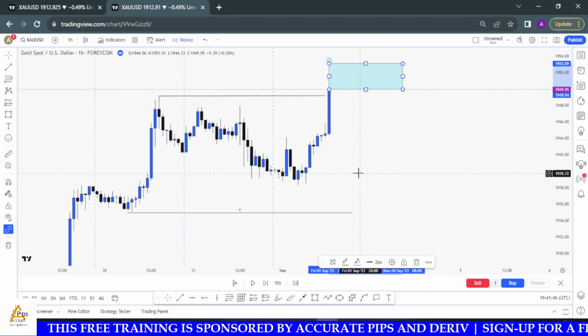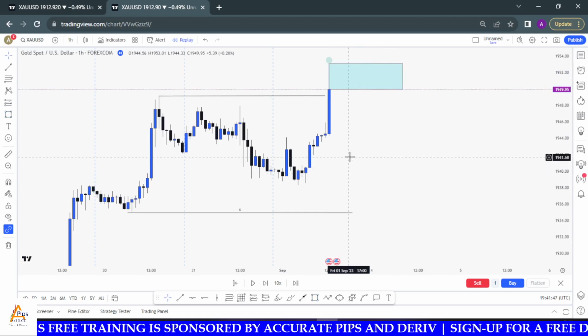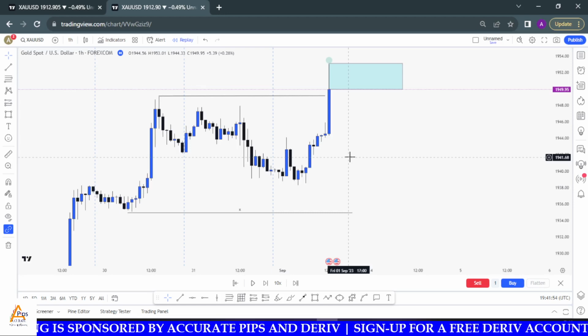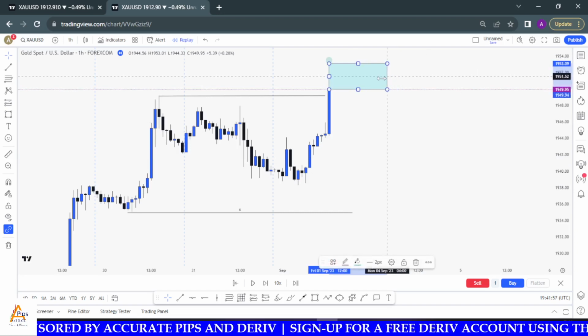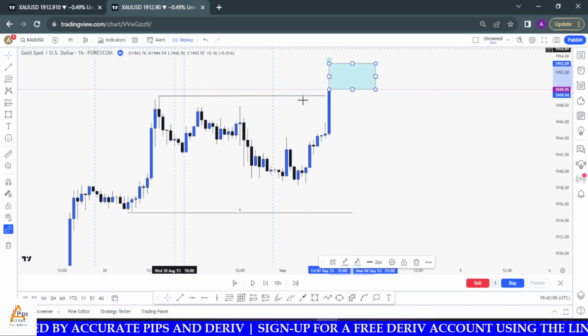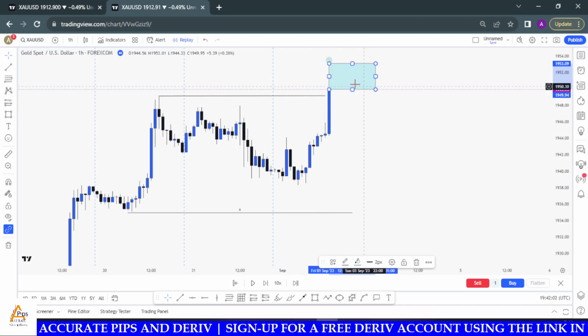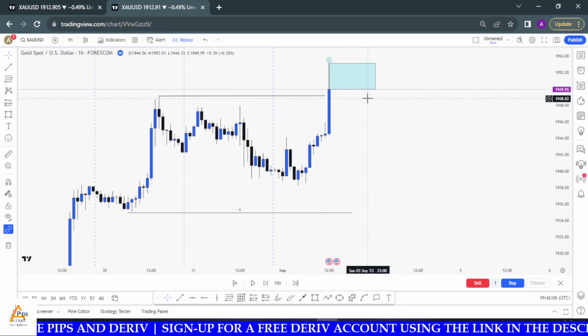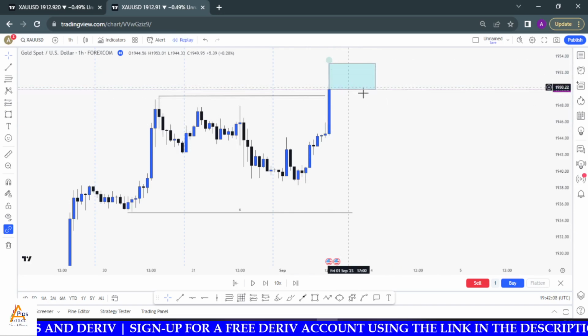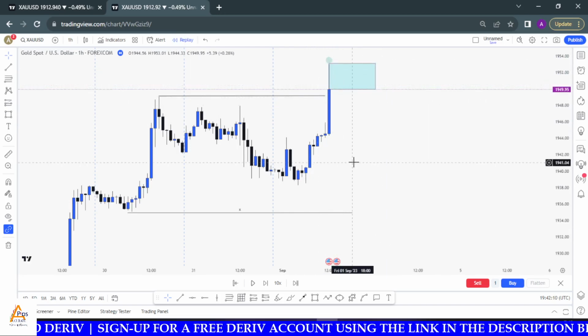Remember, this is not a proper single candle order block on the higher time frame, but this is an order block on the lower time frame. It's because of my experience, I've been on the chart for some years now, so I'm able to identify hidden order blocks, okay? So now if you go onto the lower time frame, realize that this is an OB.